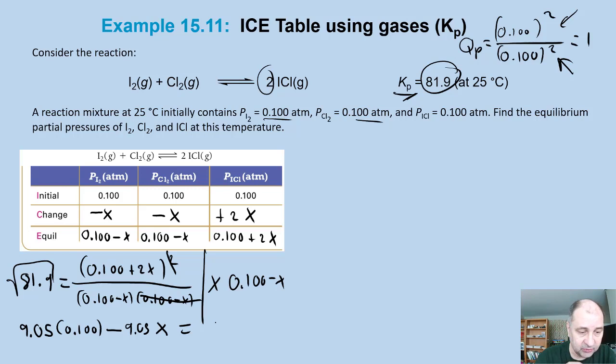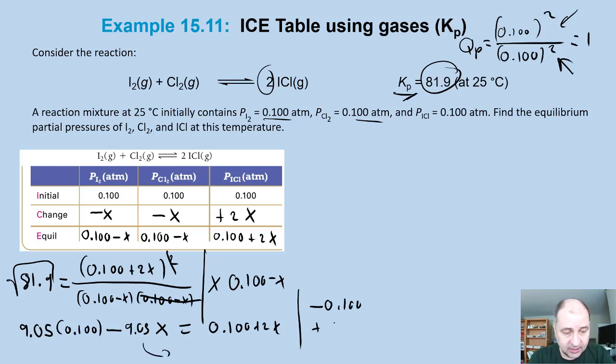That's going to be equal to 0.100 plus 2x. So the next 2 operations I'm going to do is I'm going to subtract 0.100 and then add, so I'm going to bring this over to the right, the 9.05x.